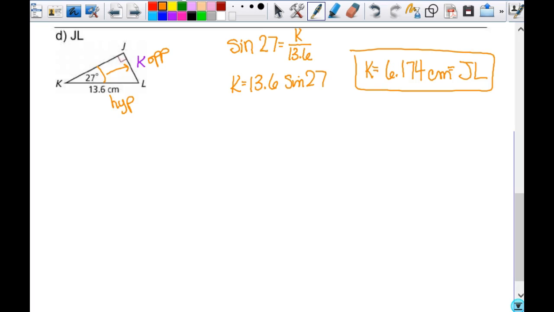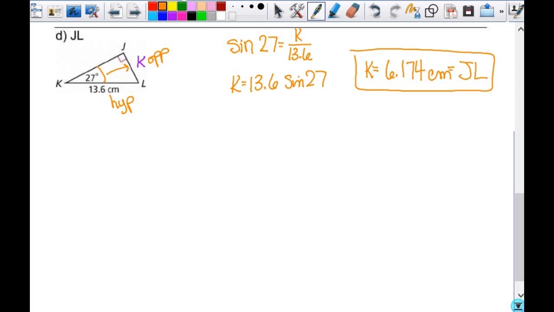It's 1/2. The cosine of 30 is square root of 3 over 2. So the sine is 1/2, right? So the sine of 27 is close to 1/2. So about 1/2 of 13 is about 6 something, so you've got some reasonableness there. Plus, you know it has to be less than 13.6 because it's the hypotenuse, right? So make sure you're thinking about reasonableness here if you get some weird stuff. Any questions at this point?